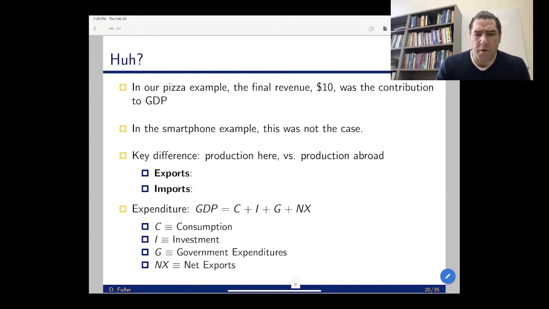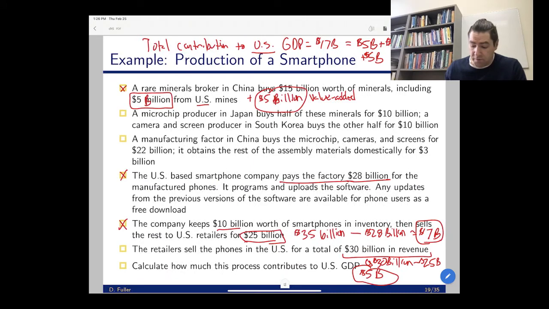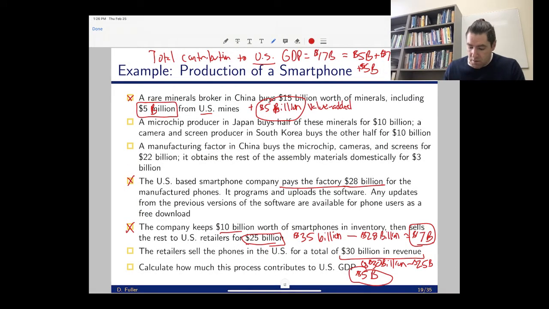So you might be wondering, if we compare that smartphone example that we looked at in the previous video to our pizza example, there's one key difference, right? In the smartphone example, like I said at the beginning of the video, you might be tempted to say, well, the total revenue at the end is $30 billion.